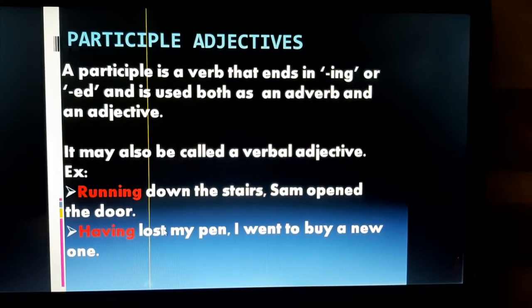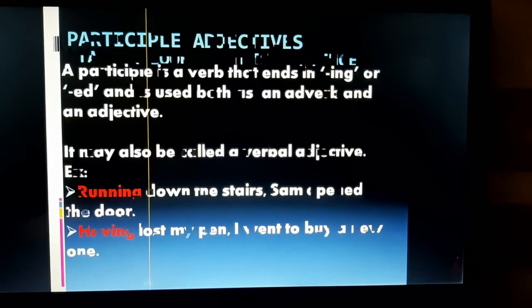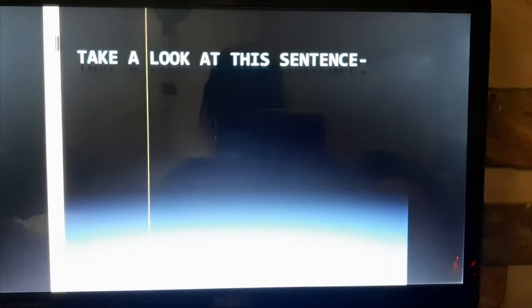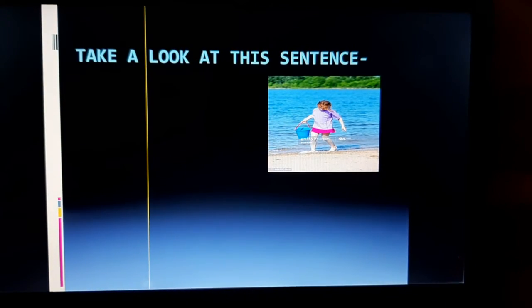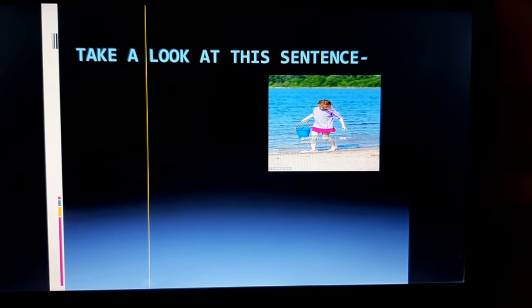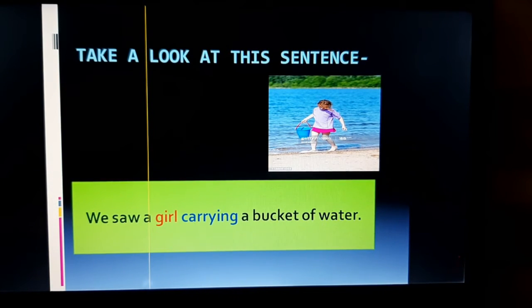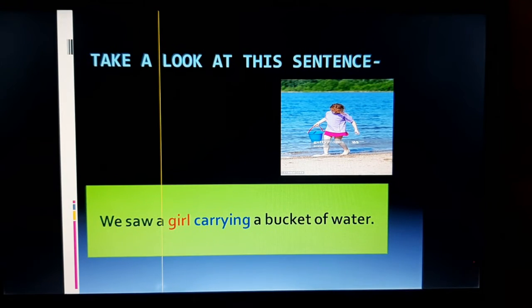Take a look at this sentence. First of all, take a look at this picture. A girl carrying a water bucket. So let's see the example. We saw a girl carrying a bucket of water. Here, in carrying a bucket of water, the word carrying qualifies the noun, that is, girl, right?